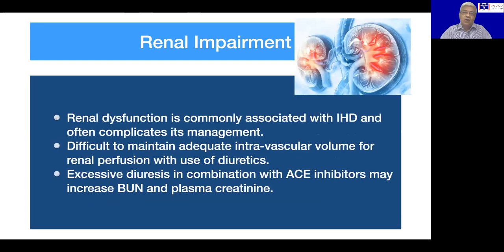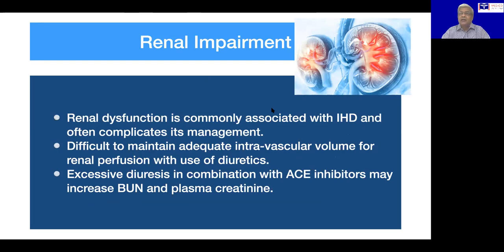The next organ which we should look for is the kidney. We should look for renal impairment in such patients, because renal impairment is commonly associated with coronary artery disease and often complicates its management.